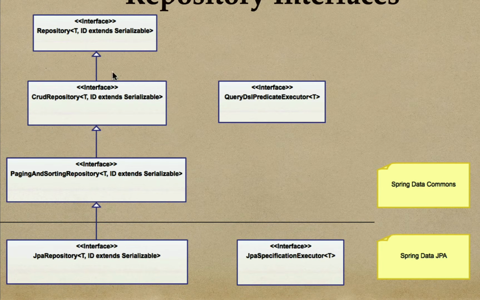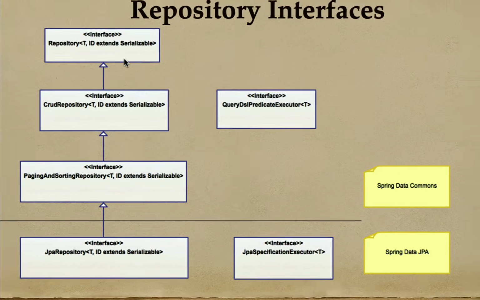Alright, this is how the repository interfaces hierarchy looks. JpaRepository interface internally extends PagingAndSortingRepository interface, PagingAndSortingRepository interface internally extends CrudRepository interface, and CrudRepository interface internally extends Repository interface. Alright, so this is how the repository interfaces relationships look.